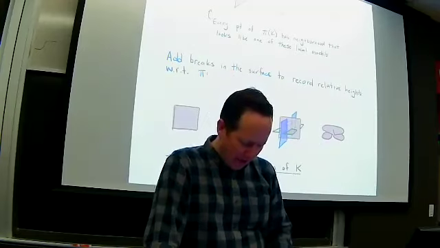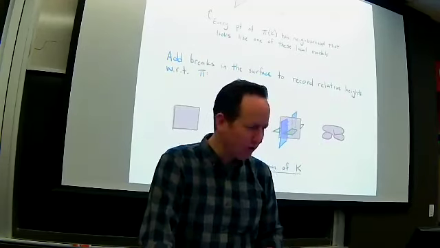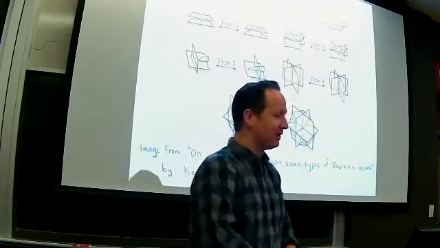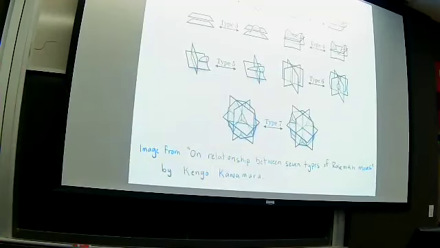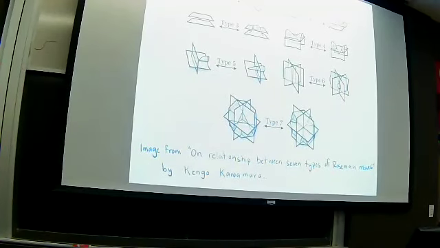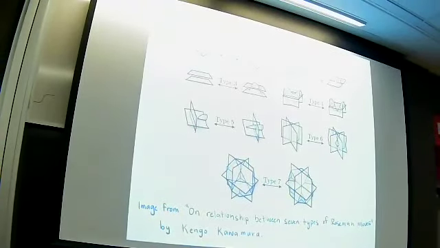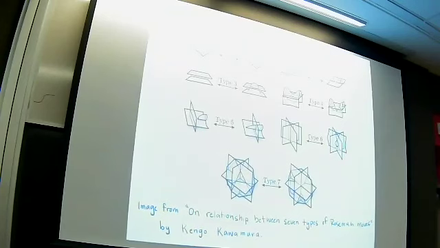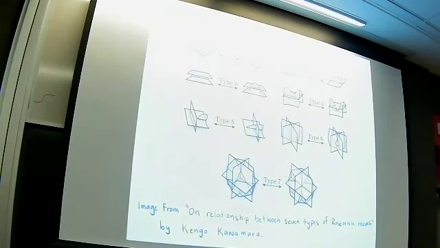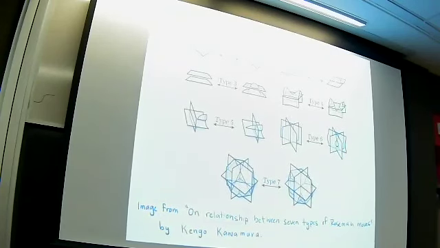So, I do want to get to some examples. Let me just say, there's a family of what are called Roseman moves that are much more complicated than Reidemeister moves, but they give you the same thing.